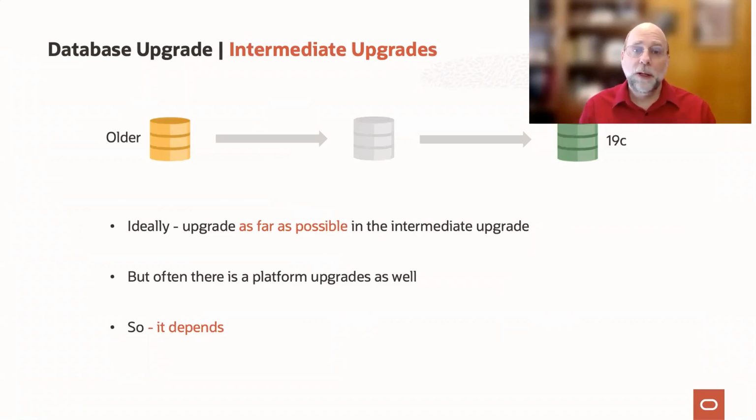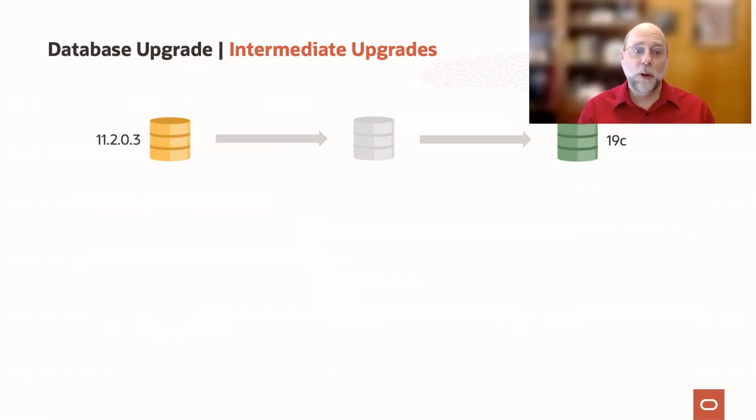What you're going to be doing in this case for that intermediate upgrade is managing that operating system and database relationship so that you can find, maybe on a swing server, the right combination where you can upgrade your older version to that intermediate release and then use that to upgrade to your eventual release on your eventual home. For example, 11.2.0.3 is still out there in common usage.